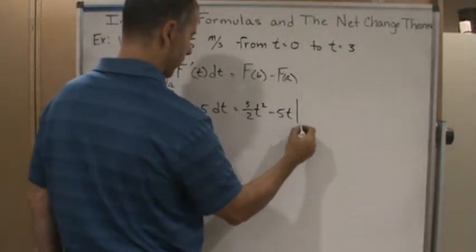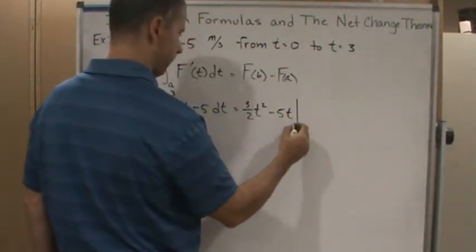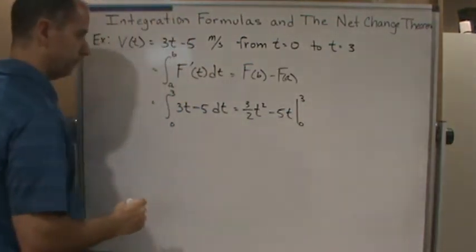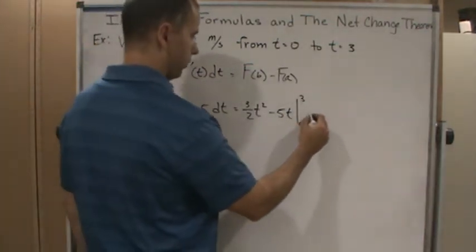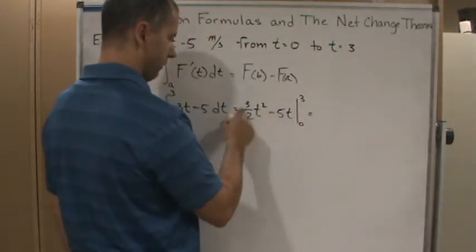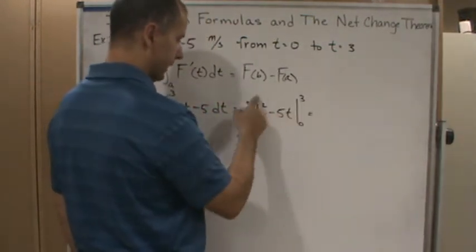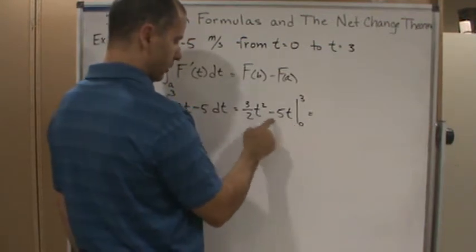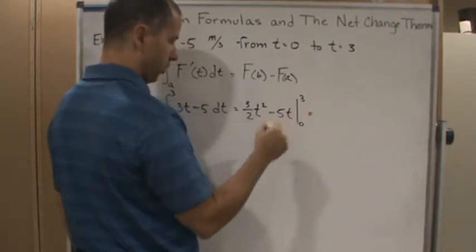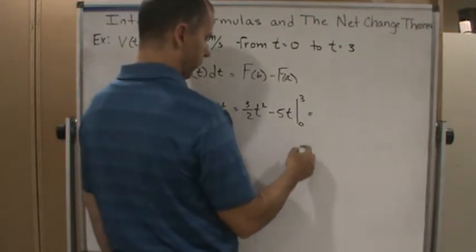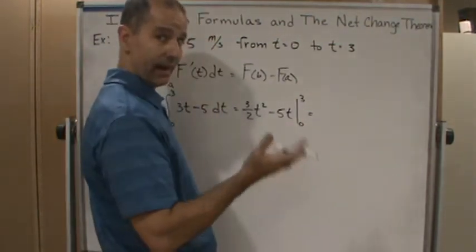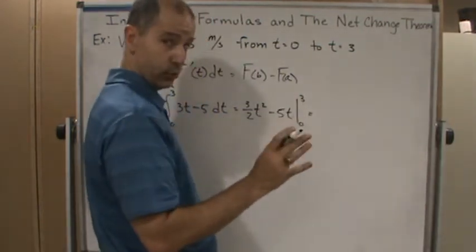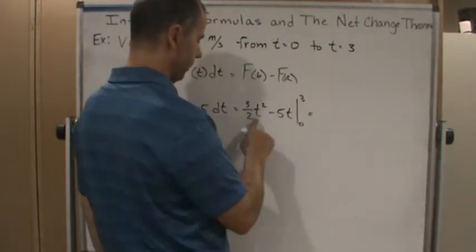And we're going to evaluate this from 0 to 3, right? So now I'm going to evaluate this at 3 minus this evaluated at 0. Now notice at 0, both terms are just going to go to 0. So realizing that, I'm not going to write that part down. I'm telling you now, just be observant here.